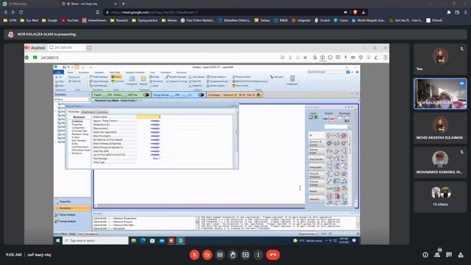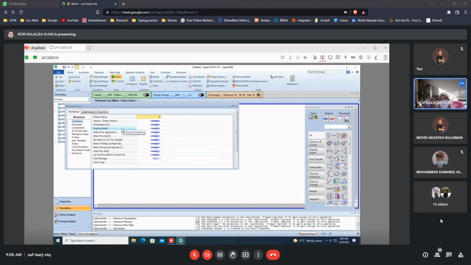Okay, so for this case, as a rule of thumb, the most important ones for this condition are V over F, temperature and also pressure. As I mentioned in the first class, out of these 3 parameters, you are required to fill up only 2 properties only. For example, either vapor phase fraction with temperature, or vapor phase fraction with pressure, or temperature with pressure only. Because if you specify all these 3, HYSYS will define it as over specified.